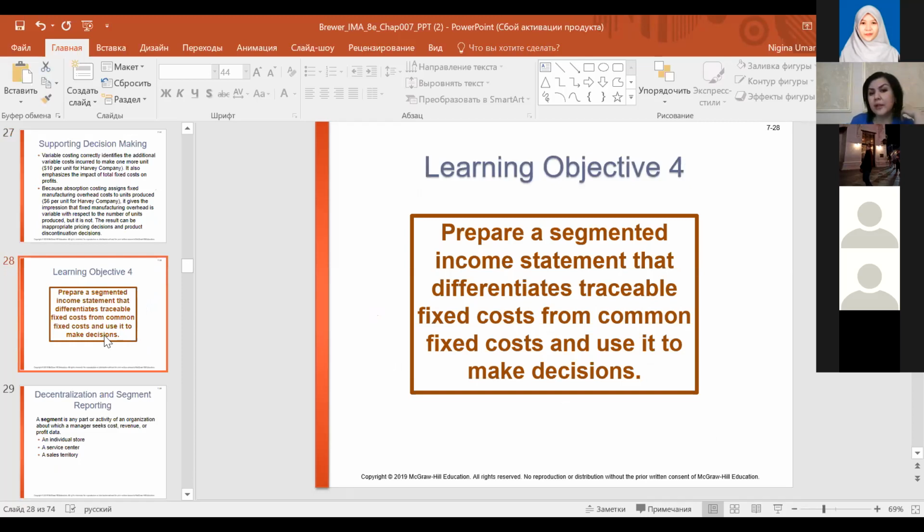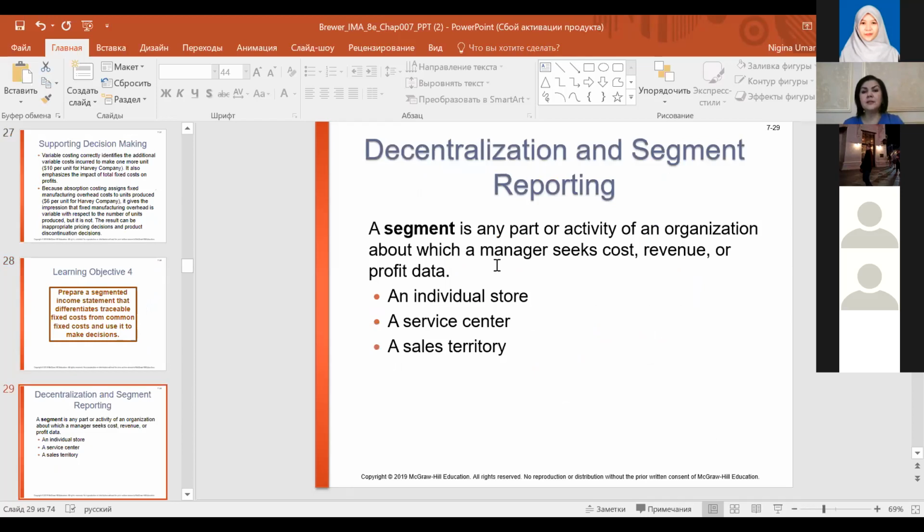Okay, now we'll look at the segmented income statement that differentiates traceable fixed cost and common fixed cost, and use it to make decisions. So, decentralization and segment reporting. If there is a big company, for example a transnational company, it has a headquarters, a main office, for example in the USA, and it has several divisions.